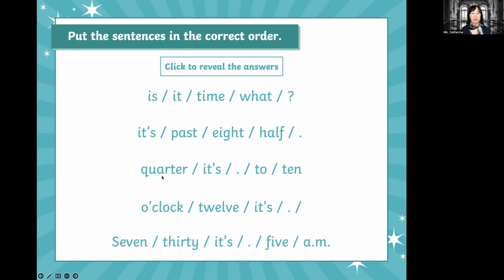We have quarter, it's, period, 2, and 10. We have o'clock, 12, it's, and a period or a full stop, another statement. And we have 7:30, it's, period, 5, and AM.